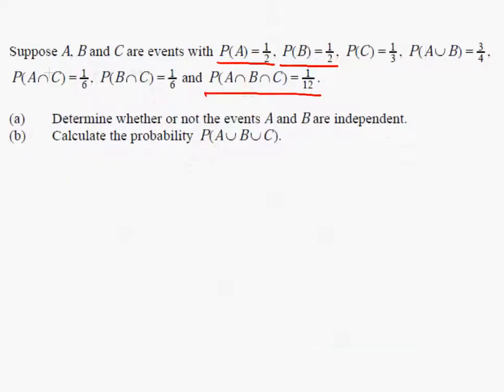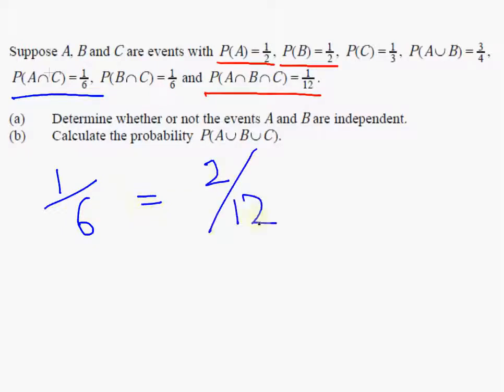We're also given some more information that the probability of A intersection C is 1/6. Just as a remark, that 1/6 is equal to 2/12, just in case you are wondering where I'm coming up with 2/12, which is 2 times 1/12, or 1/12 plus 1/12.